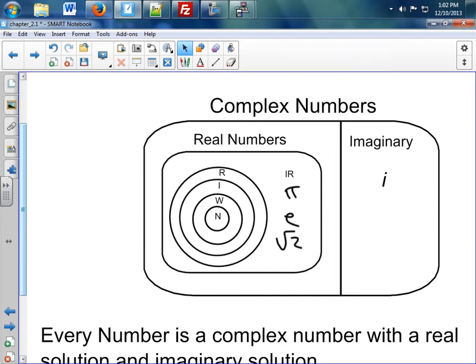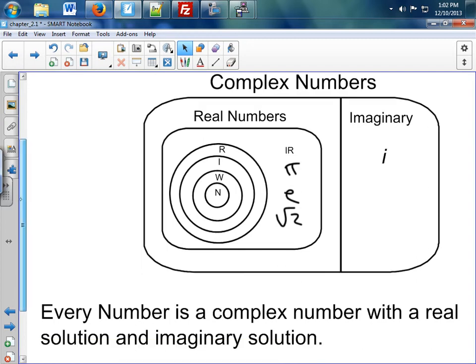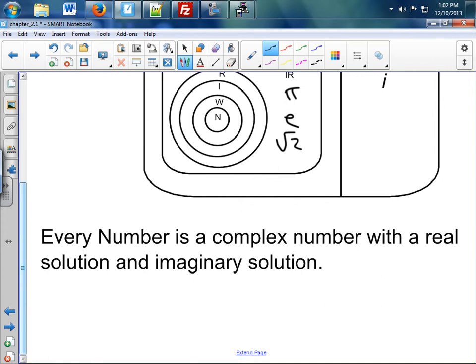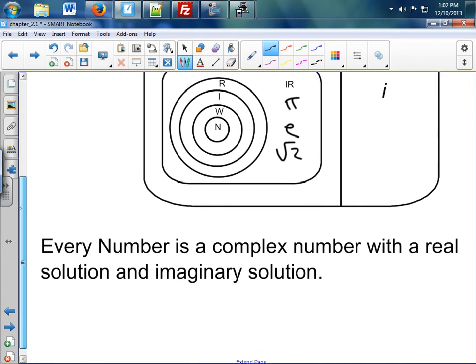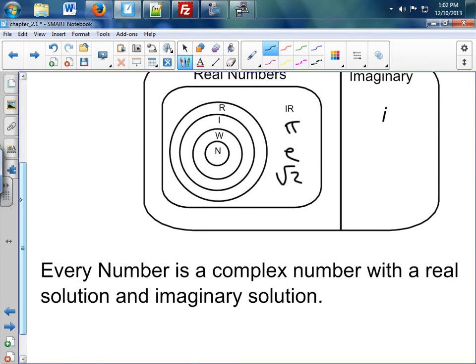And you built your whole life on this side. But now there's an imaginary side, as we just saw. And they're called complex numbers. Every number is a complex number with a real part and an imaginary part. Remember, you have your real plus your imaginary.